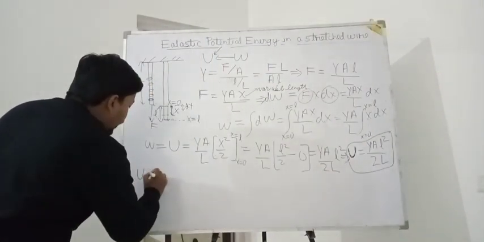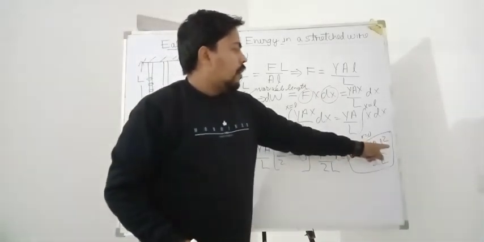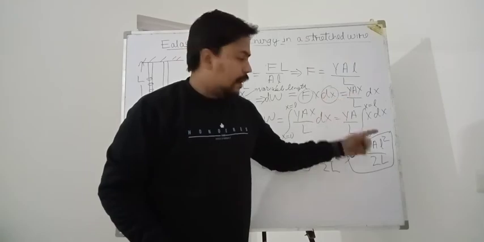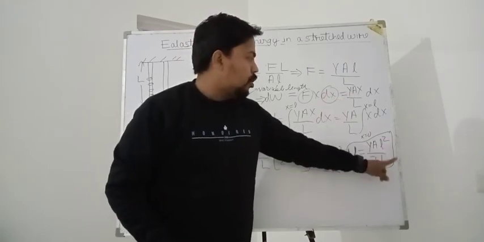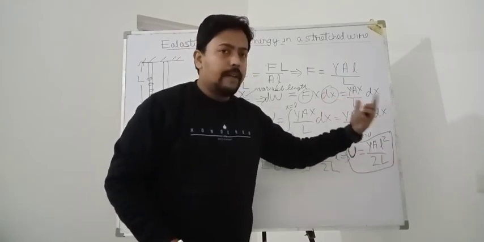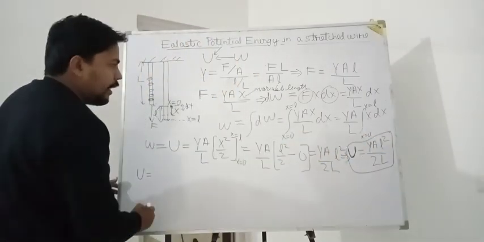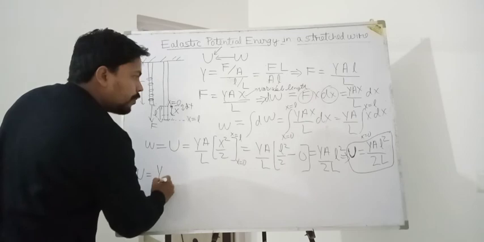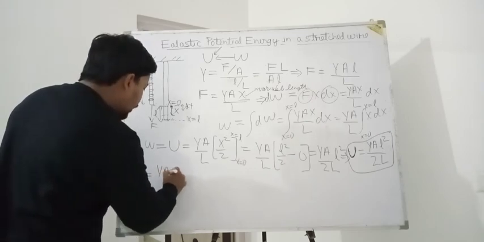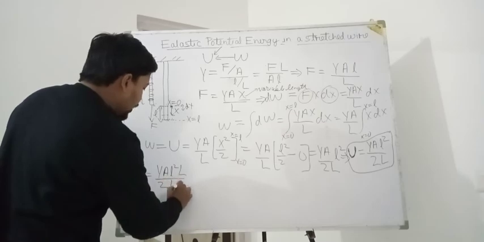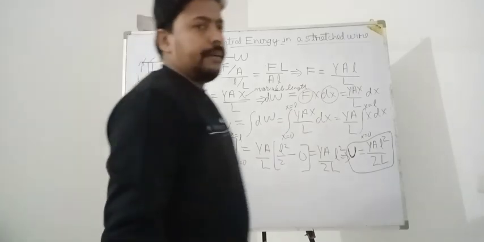We take this value and multiply with capital L in both numerator and denominator. If I place L here also, it will have no change in this equation. So we can write gamma into A into small l into capital L upon 2 into capital L square. This is what we can write.